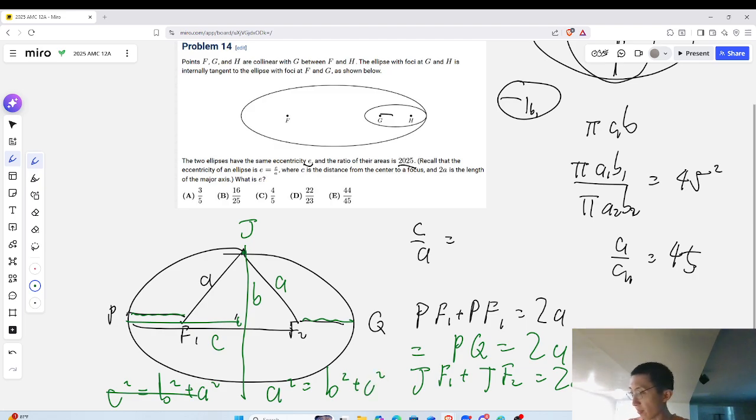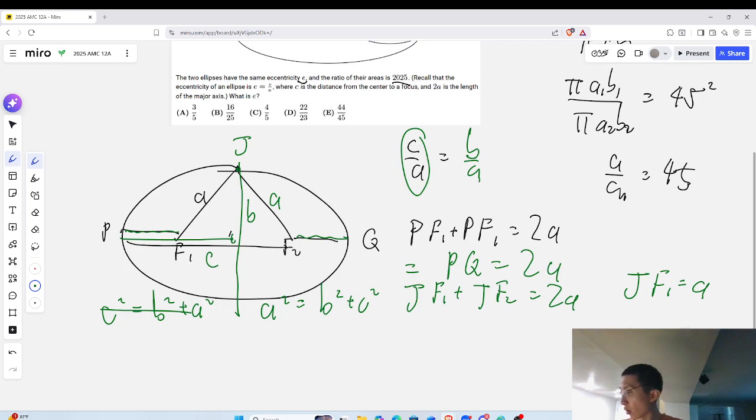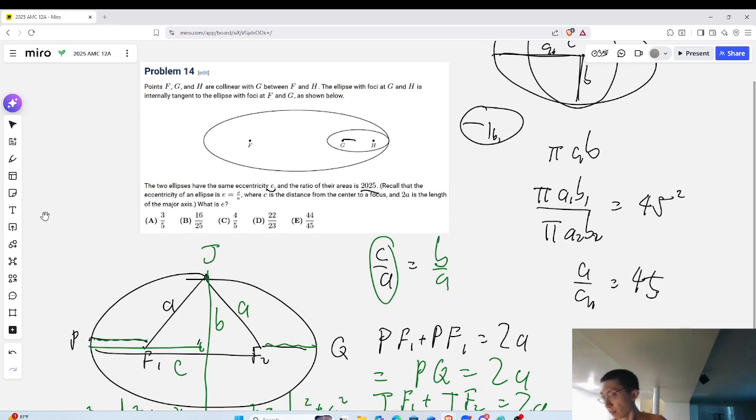So if C over A is a constant, then B over A is also a constant, because these are similar right triangles. In particular, C is the square root of A squared minus B squared. So if the eccentricity is the same, then the two ellipses are similar.